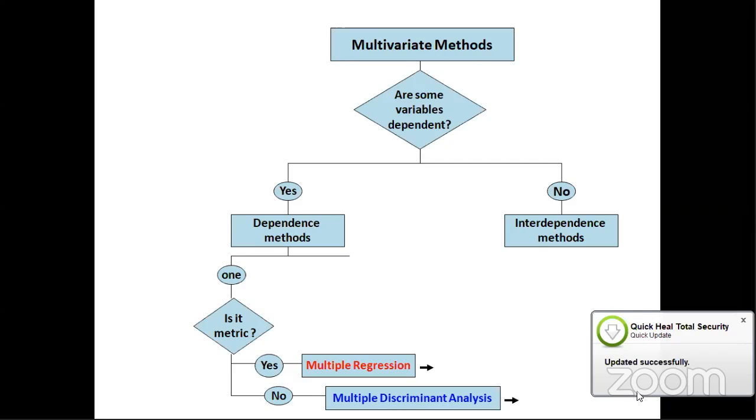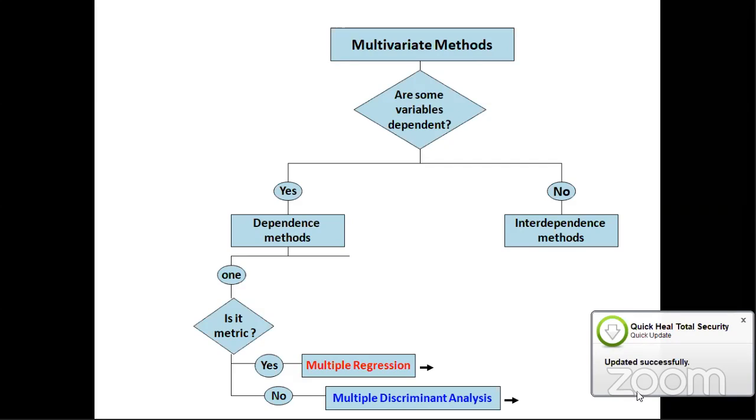So first I would like to explain something about the regression analysis, because both discriminant analysis and multiple regression analysis are dependency techniques, and in both cases we normally explain a dependent variable using independent variables.